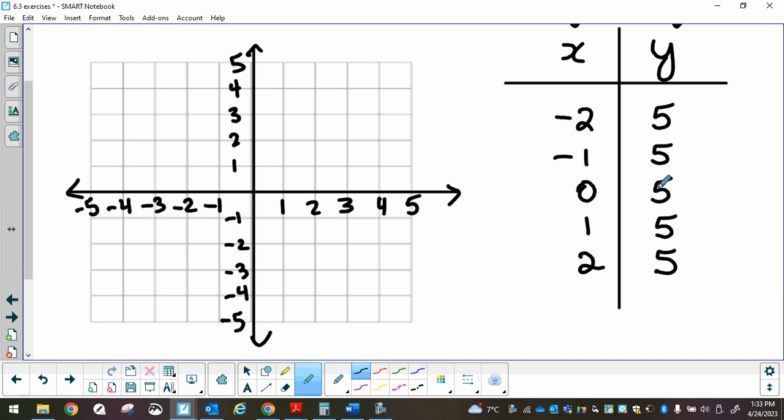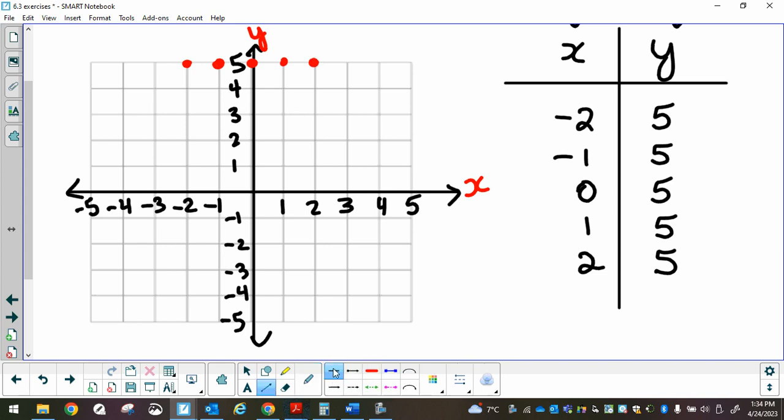And then we label these points. -2 on the x-axis is right here, and a 5. -1 and 5, 0 and 5, 1 and 5, and 2 and 5.